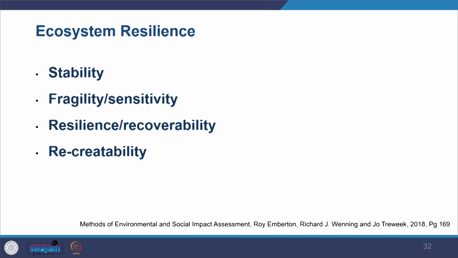So all these attributes of an ecosystem are very, very important from the impact assessment point of view, particularly when you are doing ecological impact assessment. So let's try to understand these terminologies.